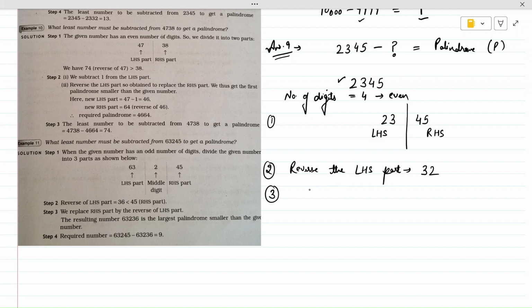Third step is to compare the reversed digit, that is 32 here. I'm just writing 32 in brackets, with the right hand side. And what is the right hand side given to us? 45.